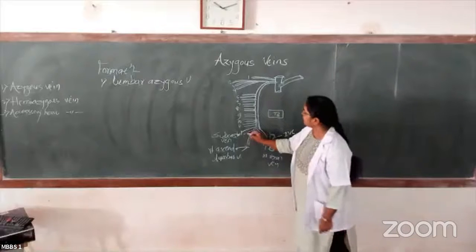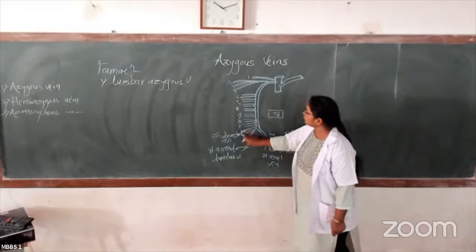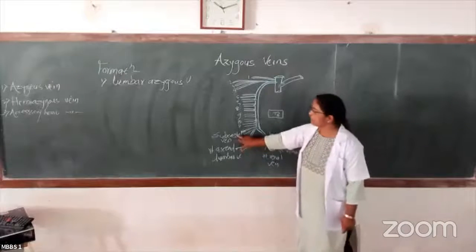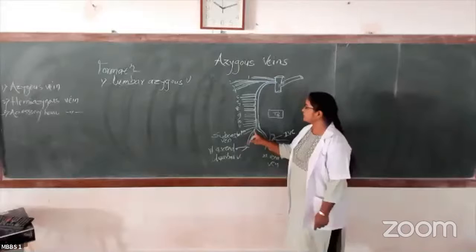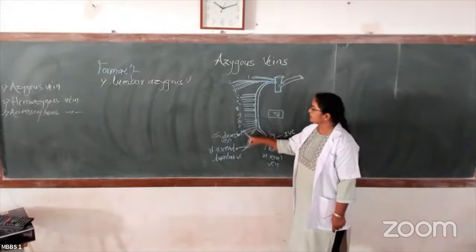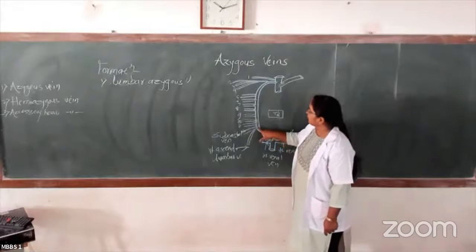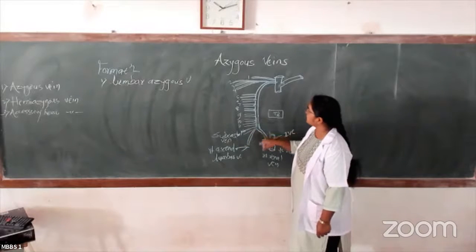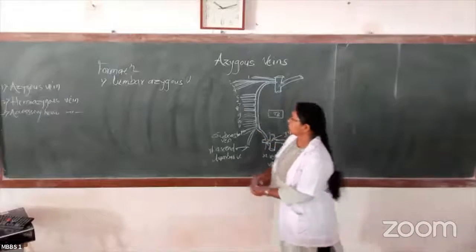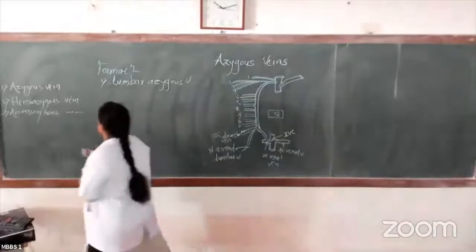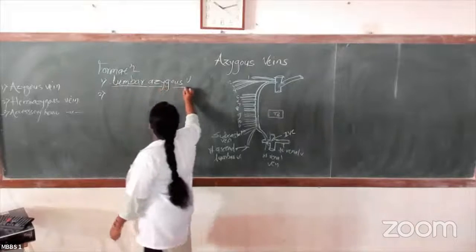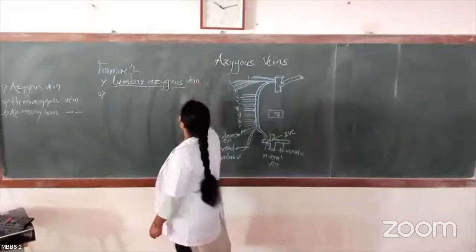But at the level of the 12th thoracic vertebra, it receives one vein which is formed by the union of the subcostal vein and right ascending lumbar vein. So this venous trunk joins this azygous vein at the level of the 12th thoracic vertebra. So this is one of the modes of formation of the azygous vein, when it arises as a lumbar azygous vein.